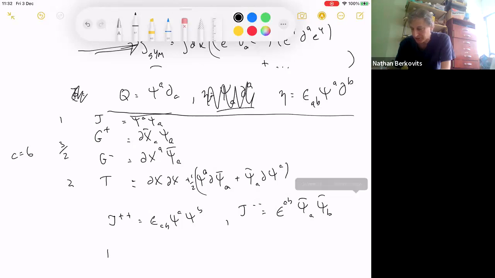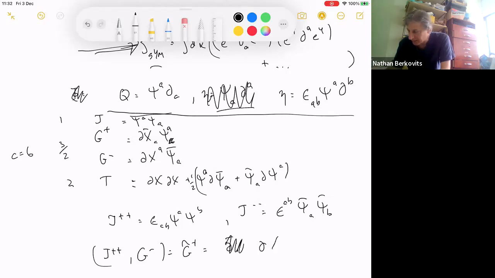So J plus plus with G minus is equal to G tilde plus, which in this case is equal to, sorry, this should be an up index, is equal to d bar X. This is equal to dx a psi b epsilon ab.